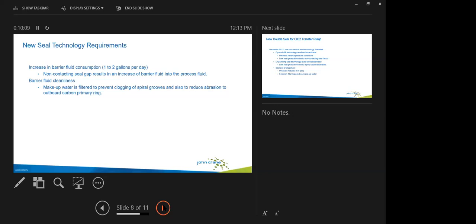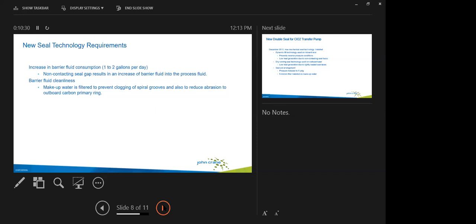The other thing is on our application, because the temperature of the process is pretty low, it's ambient temperature, we actually use what we consider a dry running carbon outboard, our 5610D. And we do that for one main reason, which is that it creates very little heat.